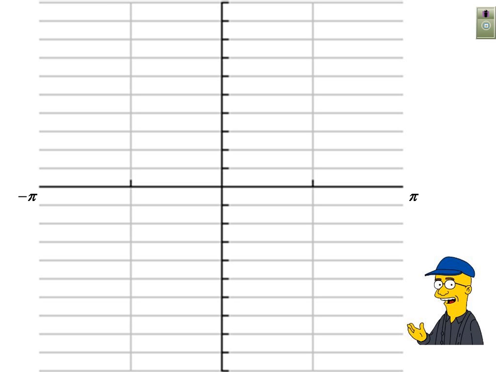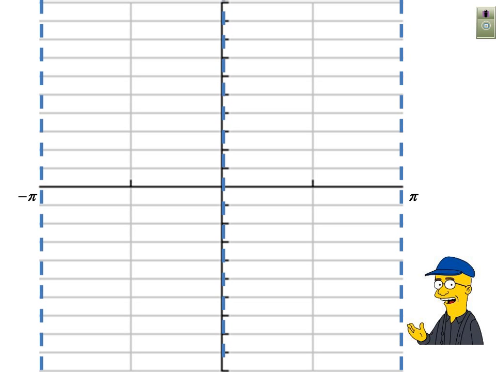Asymptotes for cotangent will occur at 0, negative pi, pi, 2 pi, all the multiples of pi. And I'll go ahead and draw the asymptotes there. Now we also have at negative pi over 2 and pi over 2, that's where we have the graph of cotangent crossing the x-axis, the horizontal axis.